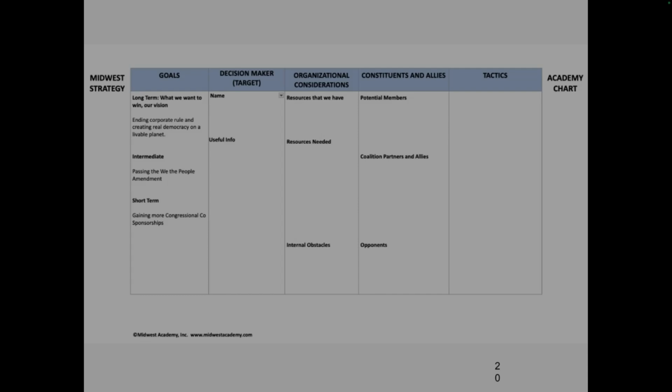So this decision maker is the person that our group wants to influence, and we need to learn more about them. What is it that they want? What is it that they care about? So we want to focus on the specific member. It could also be the legislative staffer that we're going to be meeting. Right now, I can show you some of the examples that we have done for the meetings we had recently.